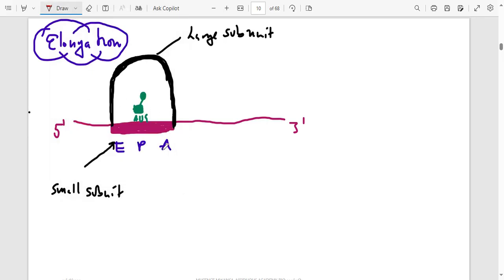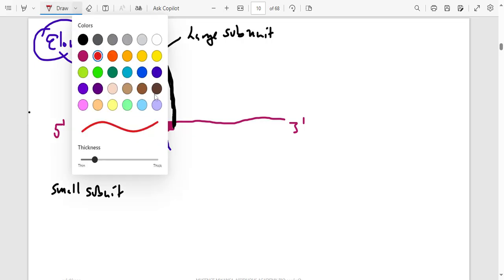Can you see that the A site is empty? So what is going to happen is that we are going to read the A site. Let's say, for example, on the A site, we have got nucleotides. What can I get? We can get any nucleotides.